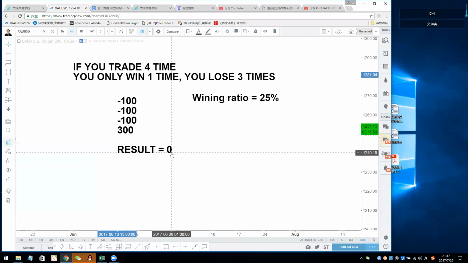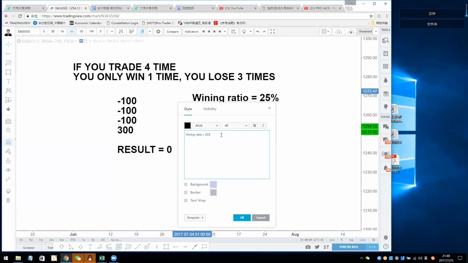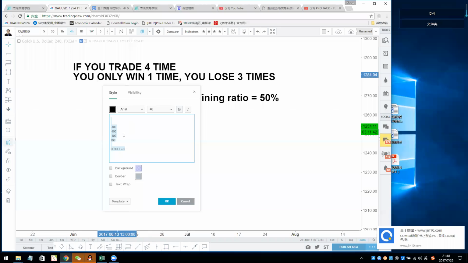It's still breakeven. What happens if you improve your winning ratio to 50%? You have 2 trades that lose 100 and 2 trades that win 300, so the result will be 400 already.